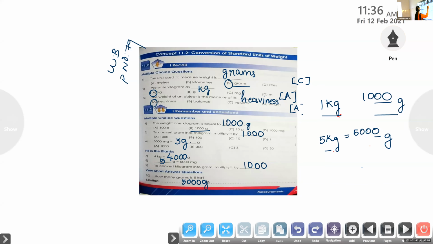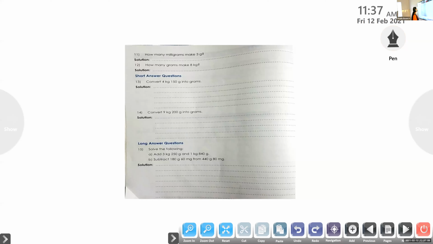Now, Naila, please unmute. Next question. Question number 11. How many milligram? Yes, that means 3 gram is equal to how many milligrams? That is written in words. Only the difference is that. 1 gram is equal to how many milligram? 1000.